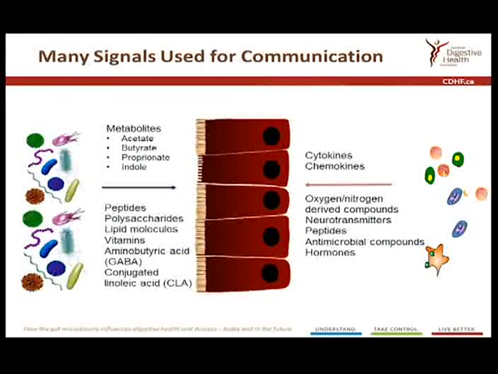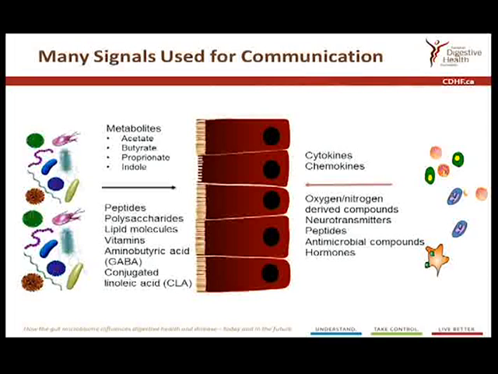Metabolites, as you heard, play a key role, produced by metabolism of the gut microbes. Short-chain fatty acids, such as acetate, butyrate, propionate, are all used as signals to the epithelium. Things like indole are used as a signal.